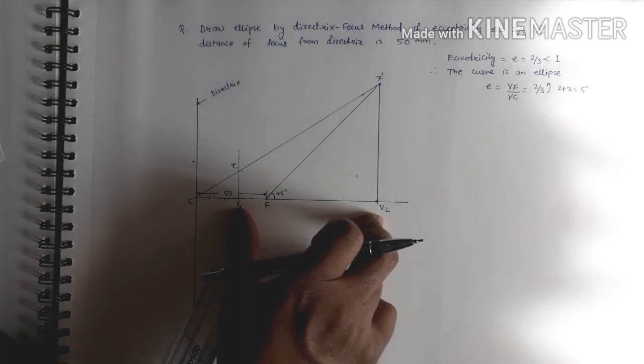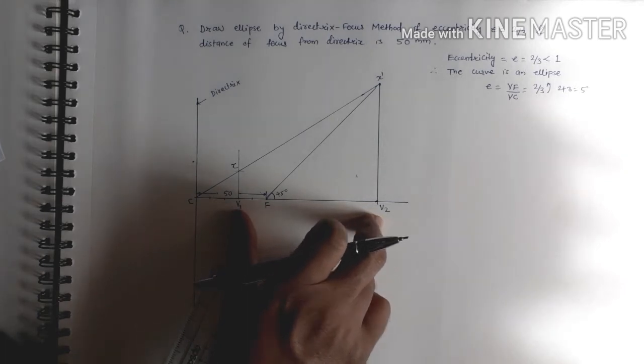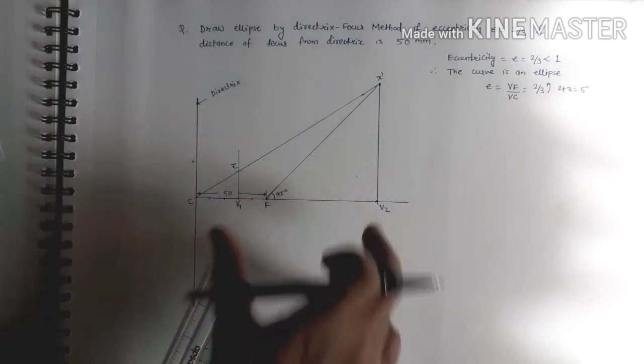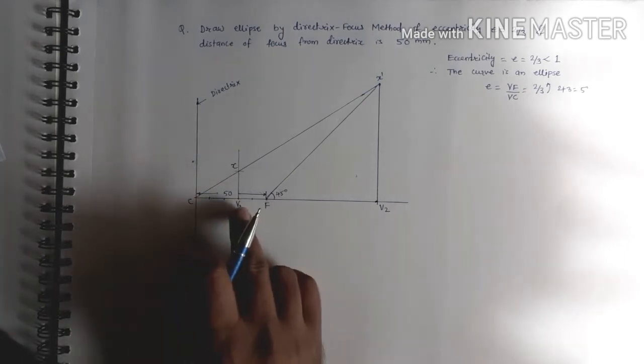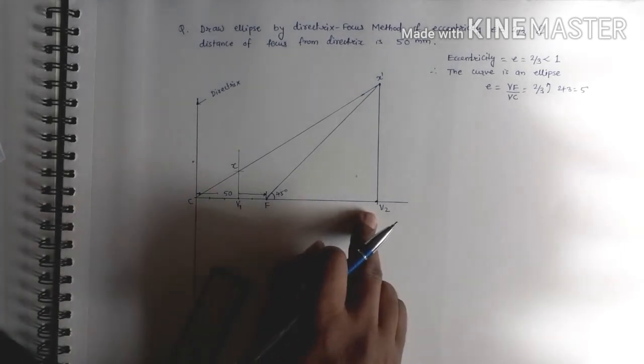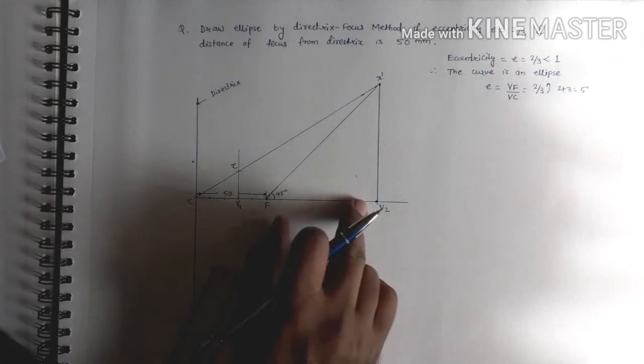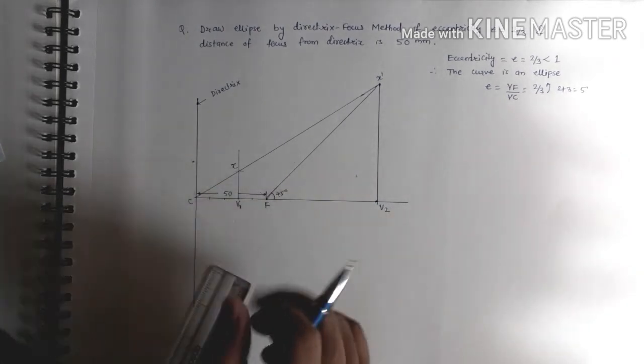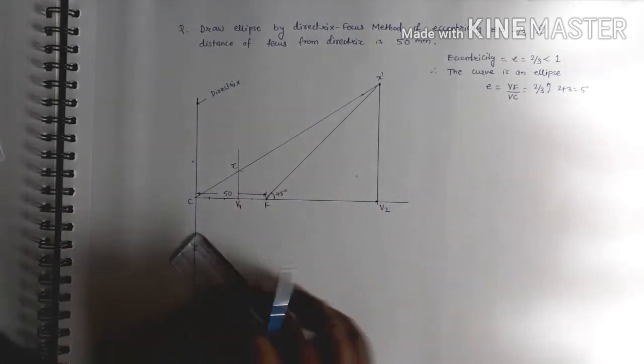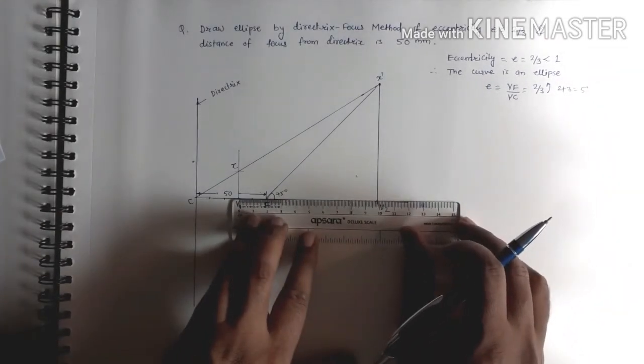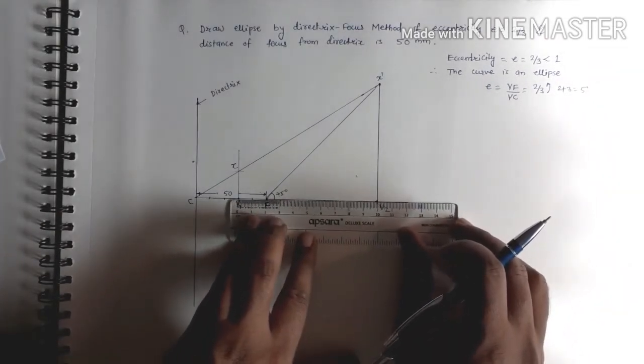Okay, now to draw the ellipse, divide this V1F line in 5 parts. You can take the same distance or any distance. So I will divide this in 5 parts. So this is of 10 mm.